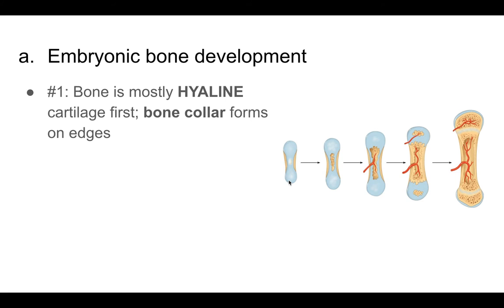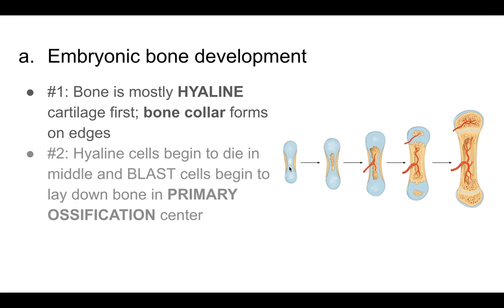And so basically the cartilage is going to convert into bone matrix as the bone is growing. And so the first big thing that's going to happen is something called a bone collar forms. And that is right here on the edge of this diagram. So you could label this as a bone collar, and you need to describe step 1 right here as bone collar formation inside the cartilage.